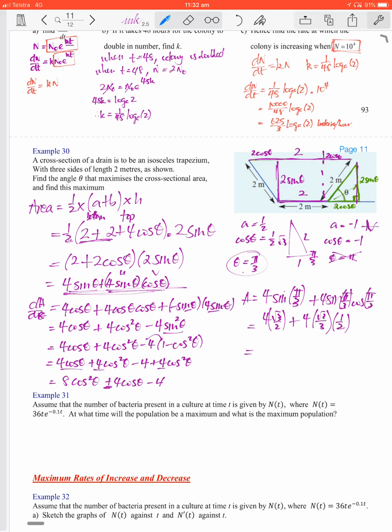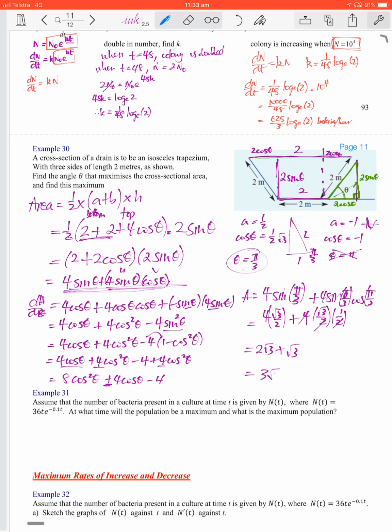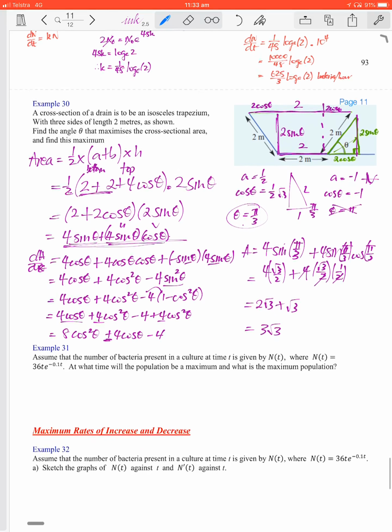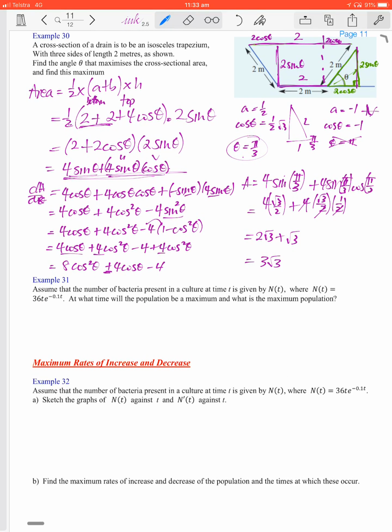Okay, so I get 2 root 3 plus, that is root 3 on 2 times 1 half. So they're going to cancel. So I get 2 root 3 plus root 3, which is 3 root 3. So that is our maximum area.